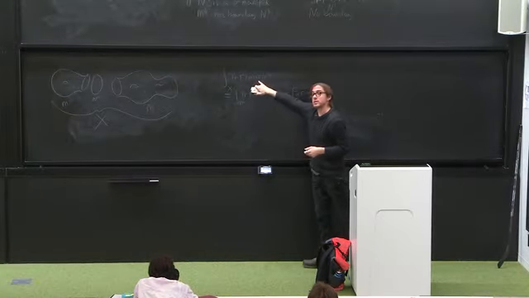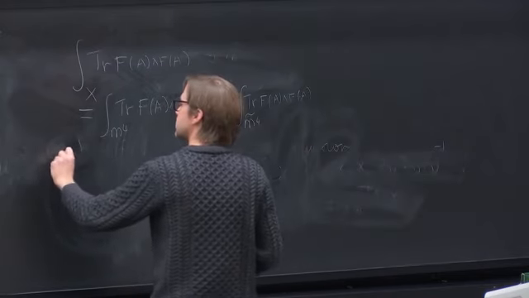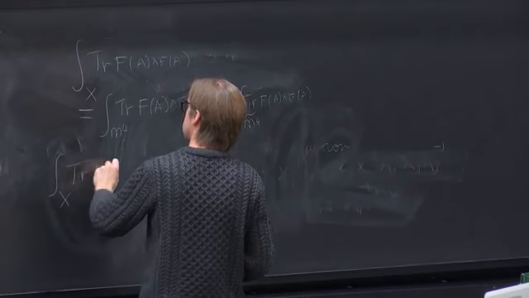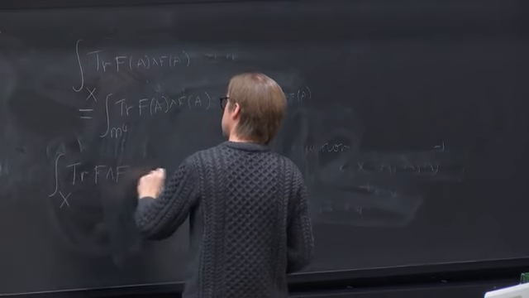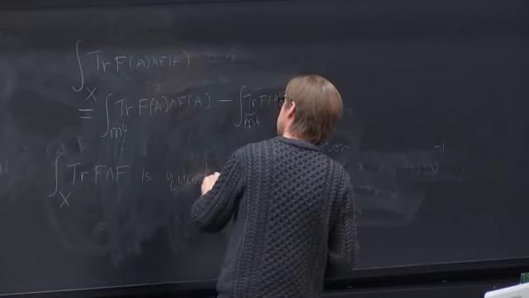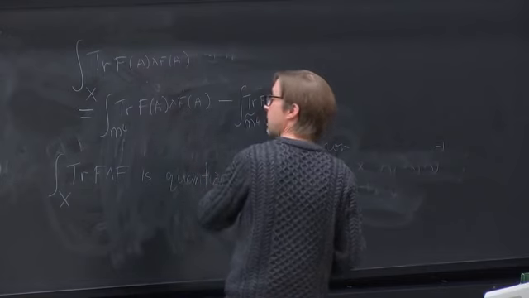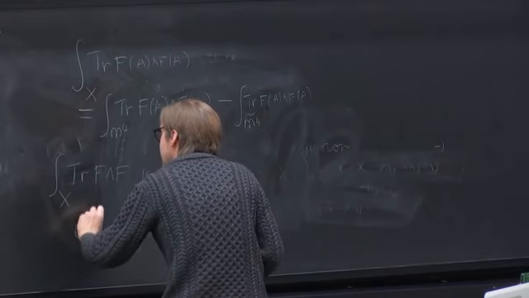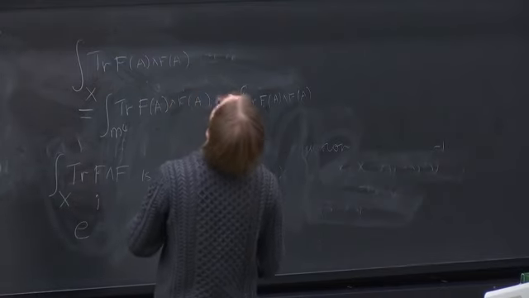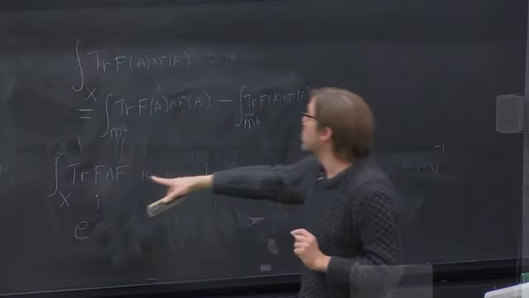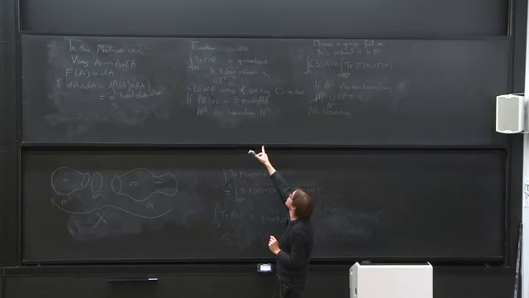Further, this integral is quantized. So therefore, e to the i, I'm probably not going to get the factors of pi right. This is a quantized value, something like 4 pi squared.